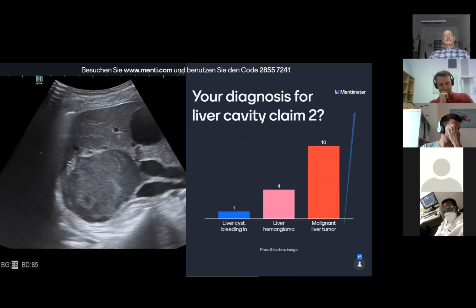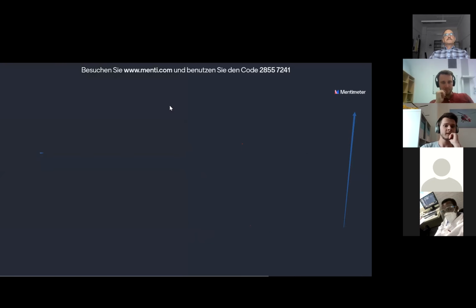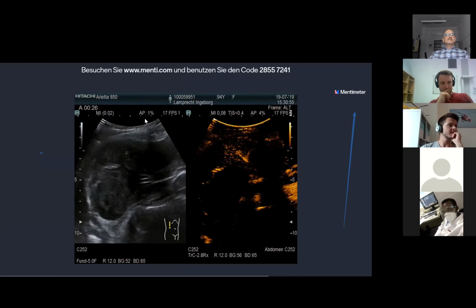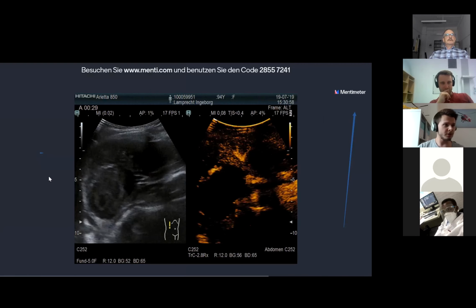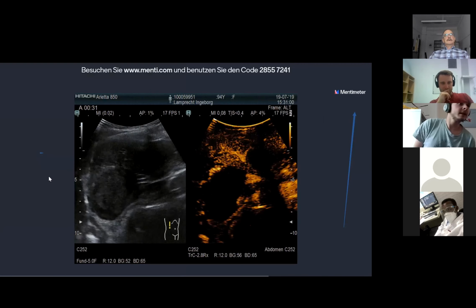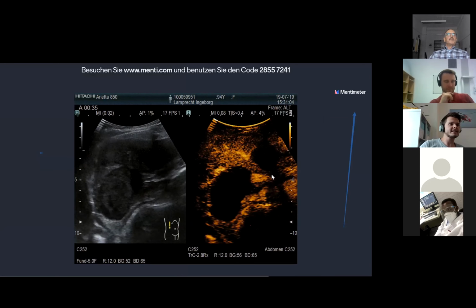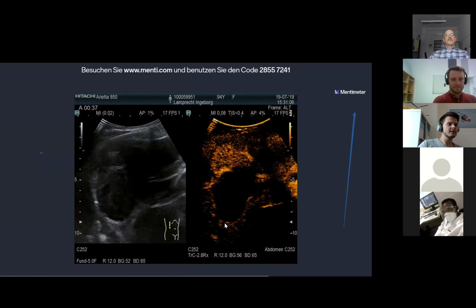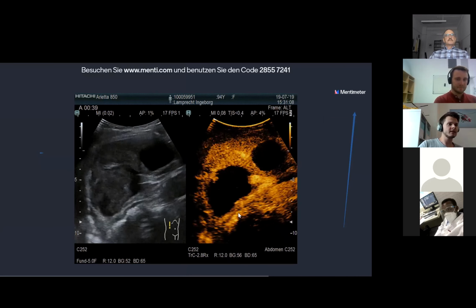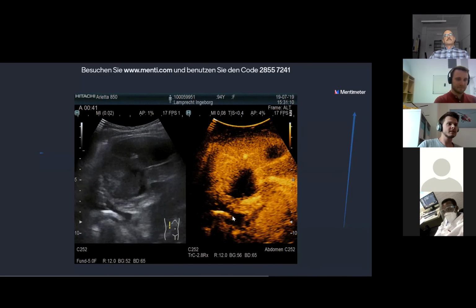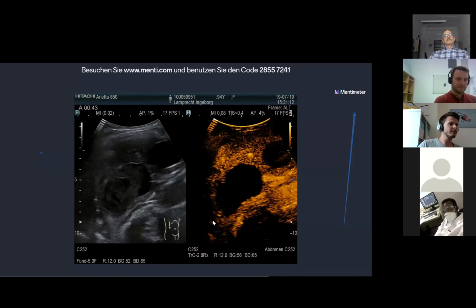Okay, so the case had the following ultrasound loop. And this is the next examination of your liver lesion, with contrast-enhanced ultrasound. You can see on the right side, it needs a little bit more time for the contrast enhancement to get into the liver.